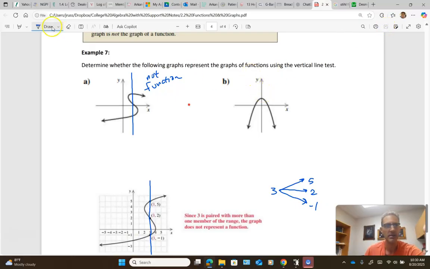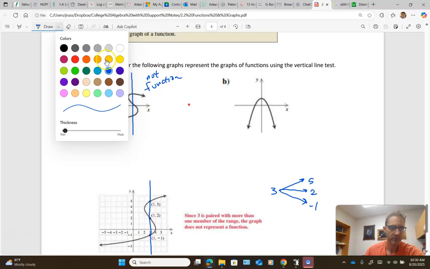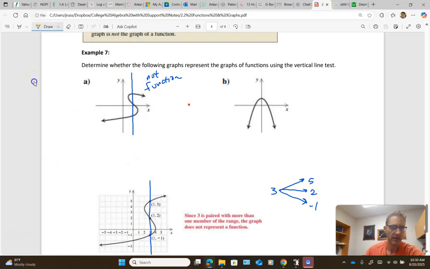But in any case, guys, if I think about placing a vertical line anywhere on the graph, it's only going to intersect the graph of this relation in one place, okay? Regardless of where I put it. And that just means that for any given value of x, there will only exist one value for y, or one output, essentially.